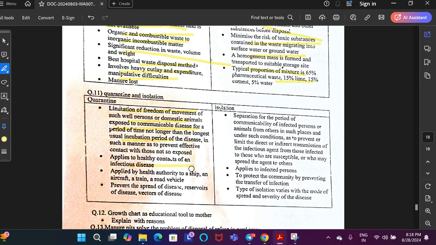It applies to healthy contacts of an infectious disease. It is applied by the health authority to a ship, an aircraft, a train, a road vehicle, to prevent the spread of disease, reservoirs of disease and vectors of the disease.